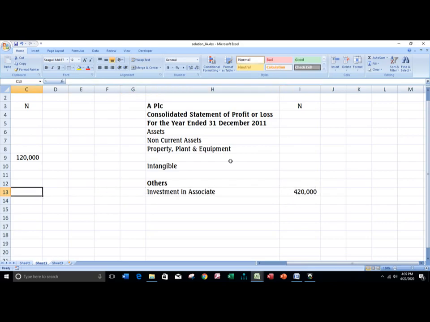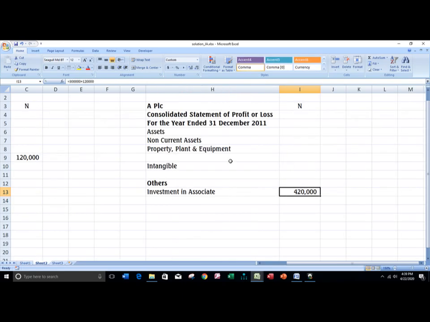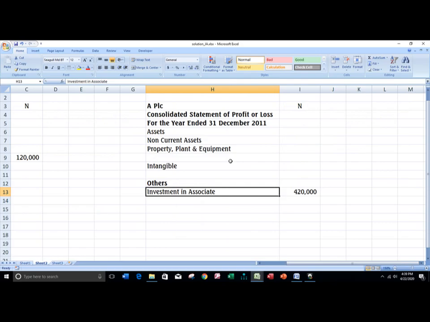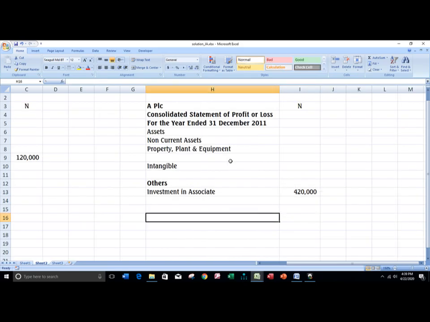And we have not violated any double entry principle here. Look at what we have just done. We're bringing in 120,000 as income. That's a credit entry. So this investment in associate, which is an asset, has gone up by 120,000. And this 120,000 is still going to come down under equity and liabilities.